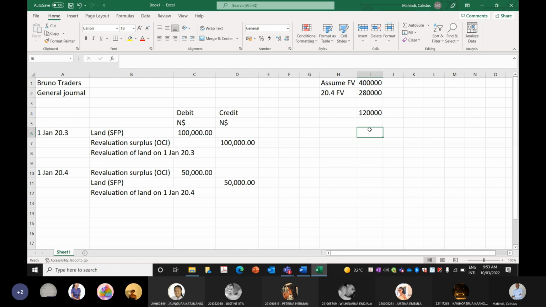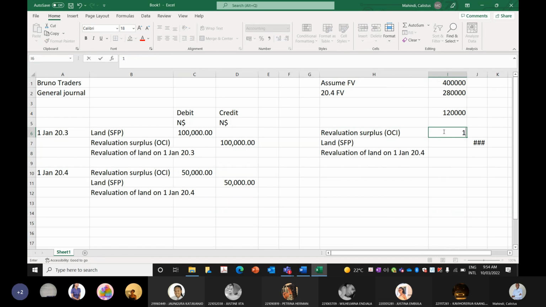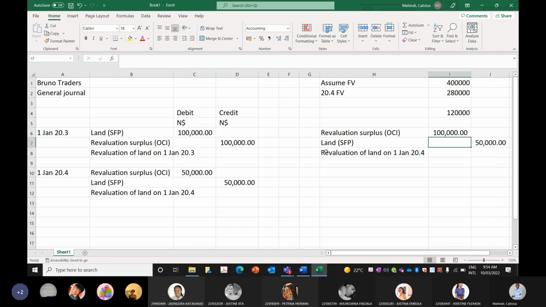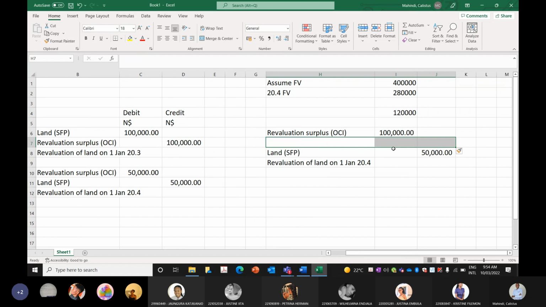So if that was the case, what would you do? You do exactly the same journal entry. But you would debit your revaluation surplus with 100,000 to reverse the old revaluation surplus that was lying there. And then you would have an excess of 20,000.